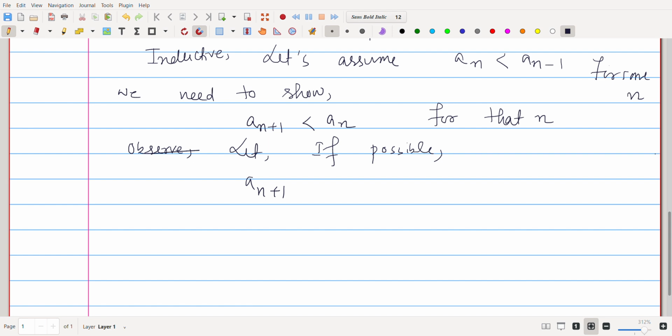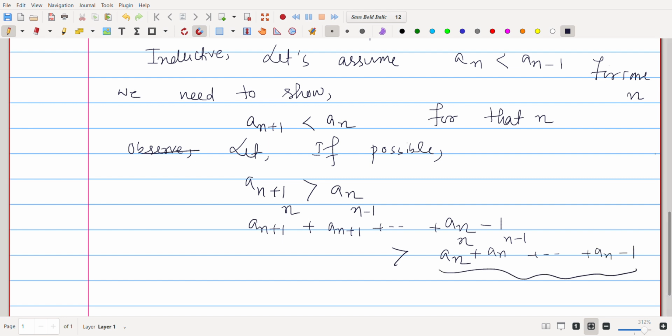Okay, so if possible a_(n+1) greater than a_n, then a_(n+1)^n + a_(n+1)^(n-1) + ... + a_(n+1) - 1 is greater than a_n^n + a_n^(n-1) + ... + a_n - 1.